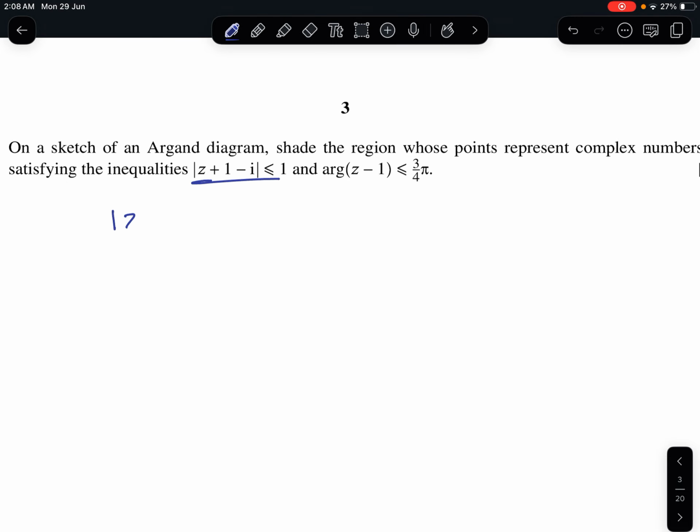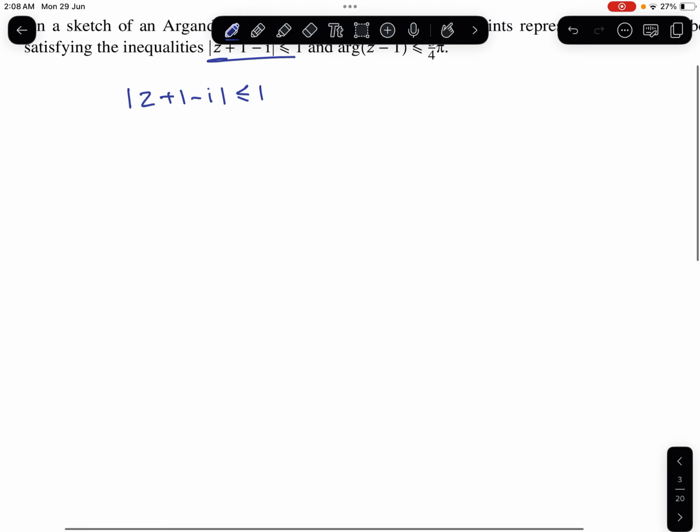So we have modulus of z plus 1 minus i, less than or equal to 1. Through experience and looking at past questions, you should know that we need to draw a circle. The first thing we need to do is change this into minus.